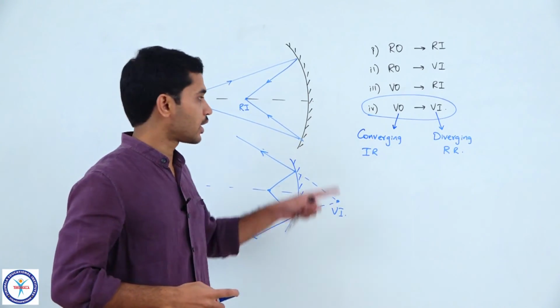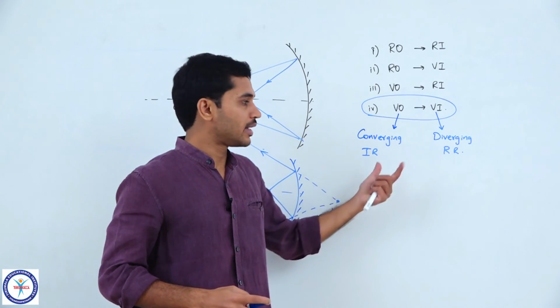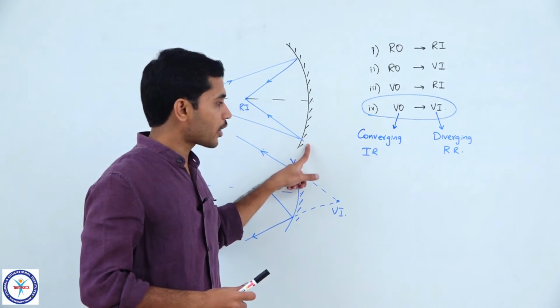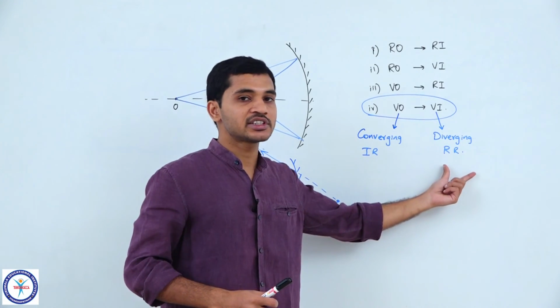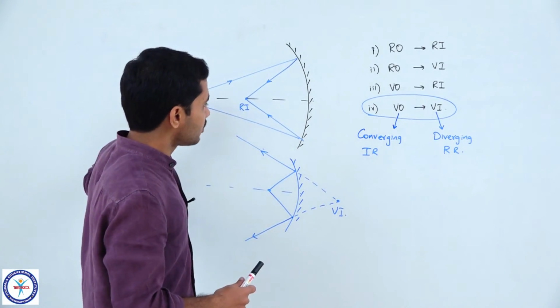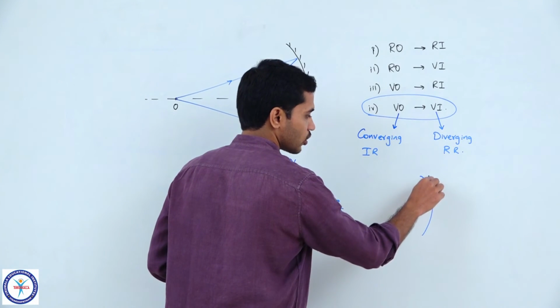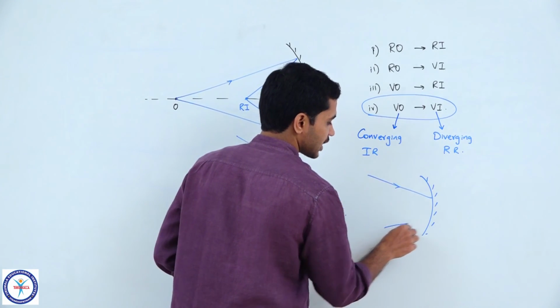Why can't a concave mirror make this happen? What it means is that a concave mirror cannot make a converging incident beam into a diverging reflected beam. So, let us say this is the concave mirror, and the beam of light incident on it is a converging beam.